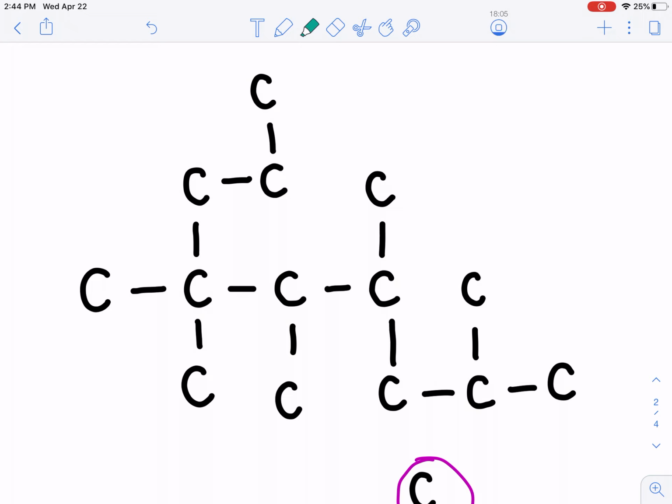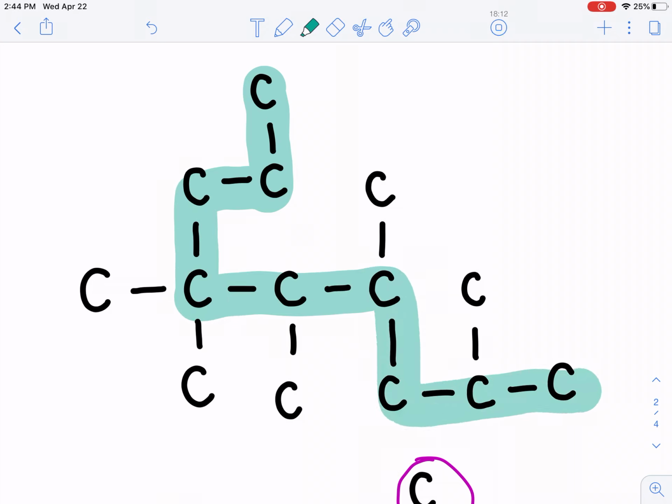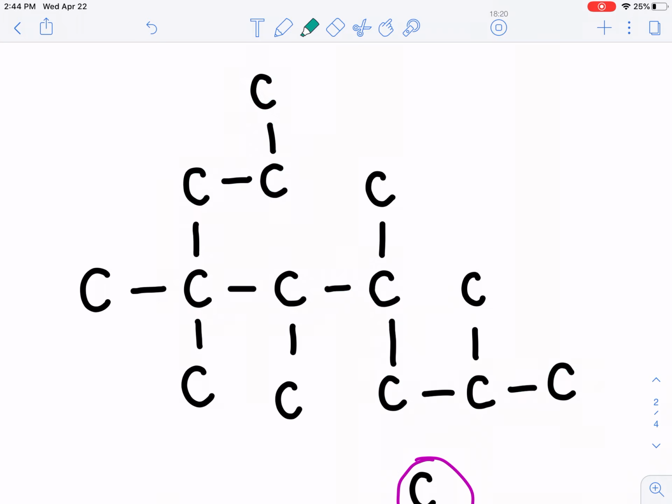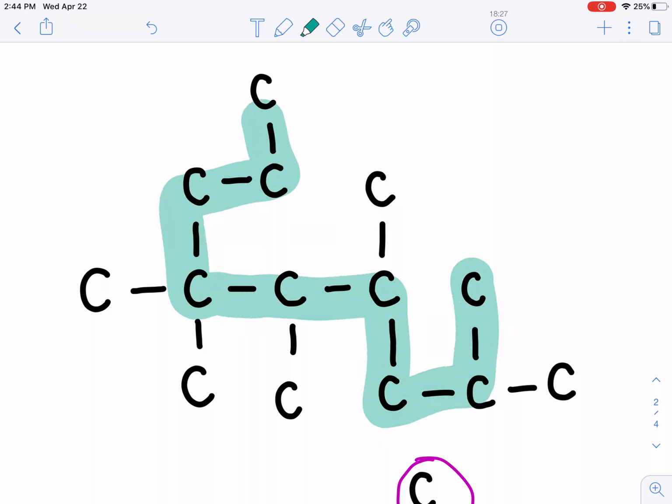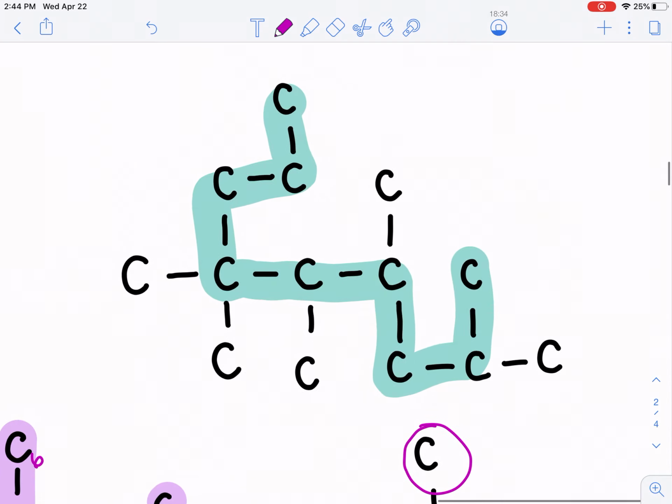So this one looks wild and crazy, and I'm not sure, but I think 1, 2, 3, 4, 5, 6, 7, 8, 9. If we do this, that's going to end up the same thing. Okay, so 9 is what I counted. So that is nonane.